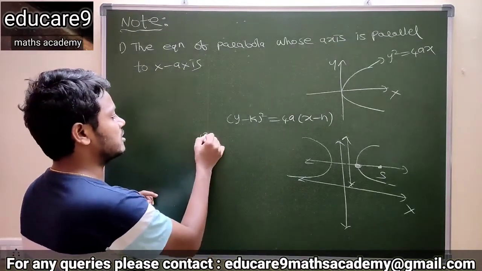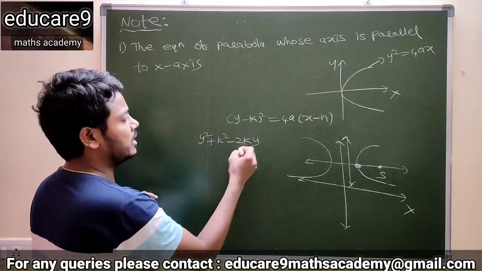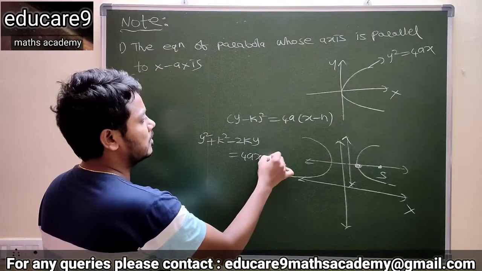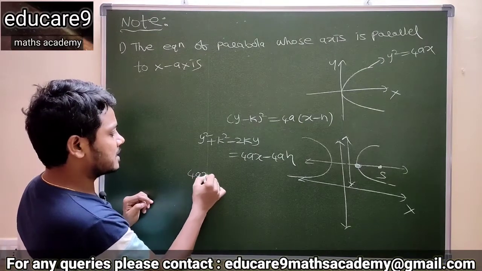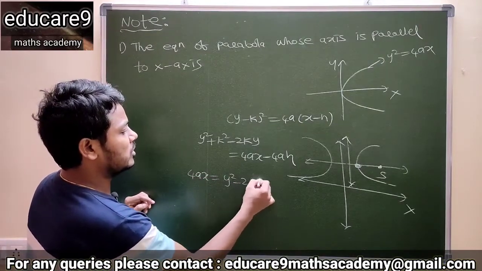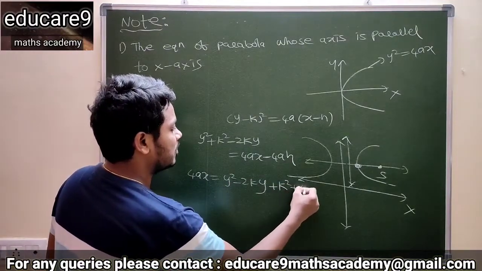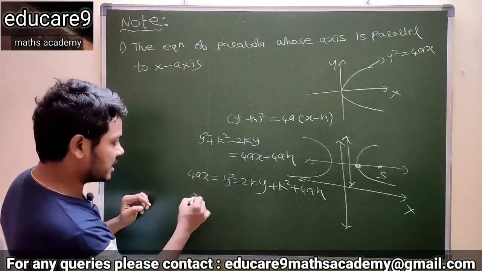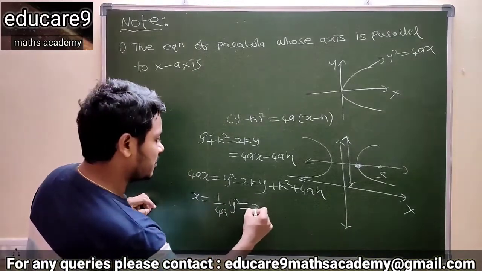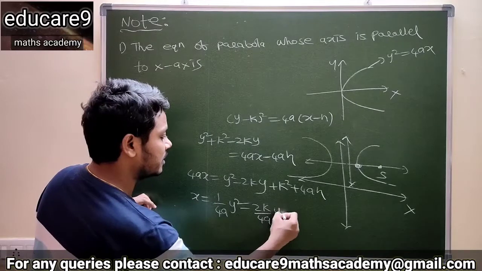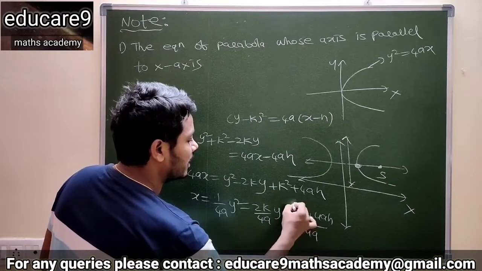Now this is y squared plus k squared minus 2ky equals 4ax minus 4ah. Now 4ax equals y squared minus 2ky plus k squared plus 4ah. What is the x value? x equals 1 by 4a into y squared, minus 2k by 4a into y, plus (k squared plus 4ah) by 4a.